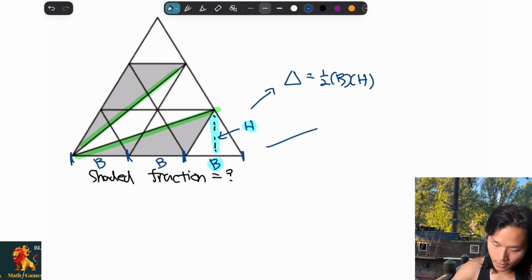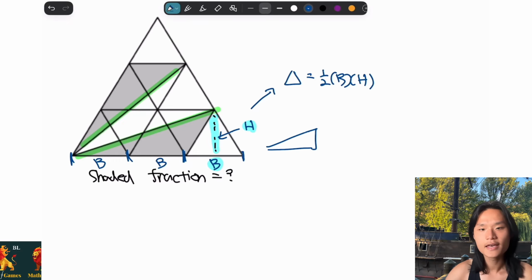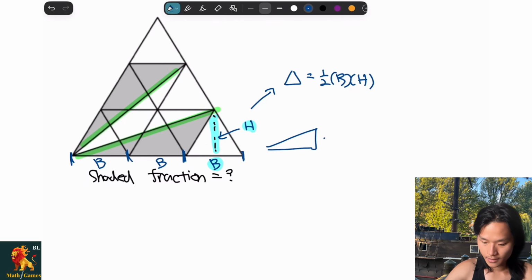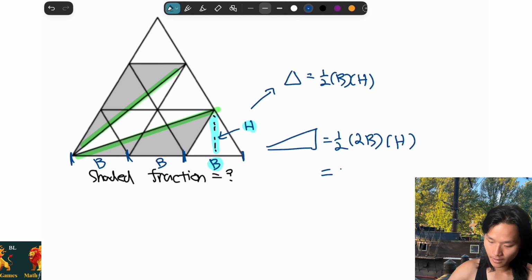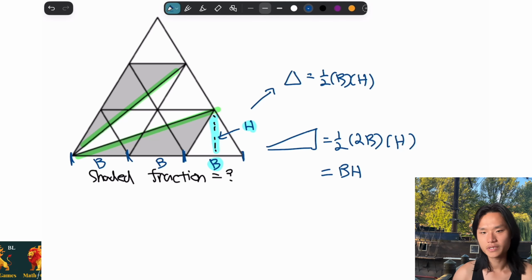So this triangle has area half times 2B, because that's the new base, times height, right? So that is just BH. Well, what is BH?